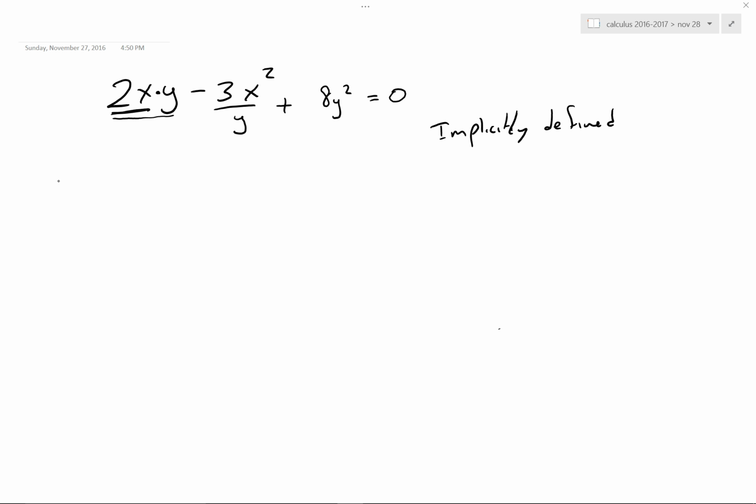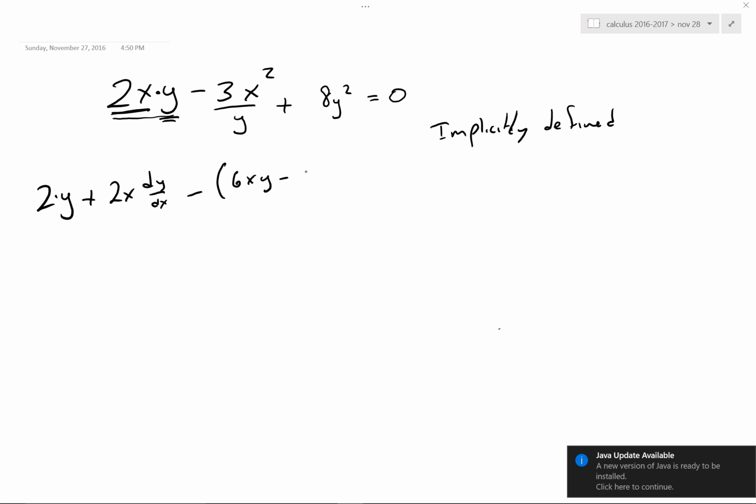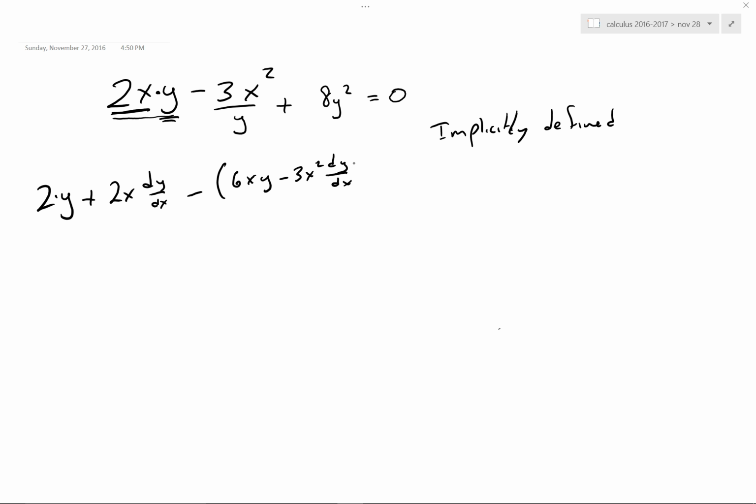So the derivative of 2x is just 2 times the second function plus the first times the derivative of y. Well, it's dy dx. Minus the quotient rule, so it's the derivative of the top, so 6x times y, minus the top times the derivative of the bottom, all over the bottom squared. And now I want to rearrange. I'm going to clean this up a little bit.